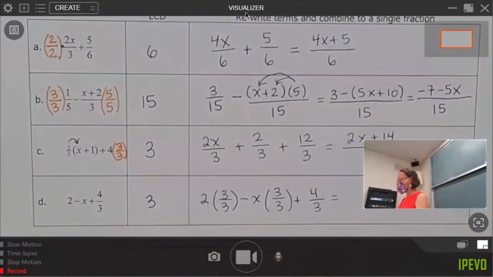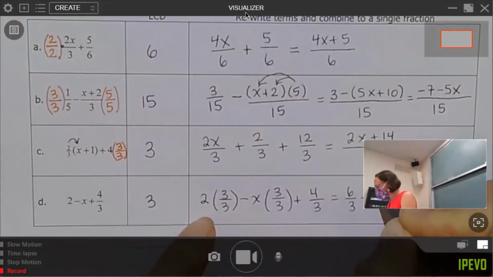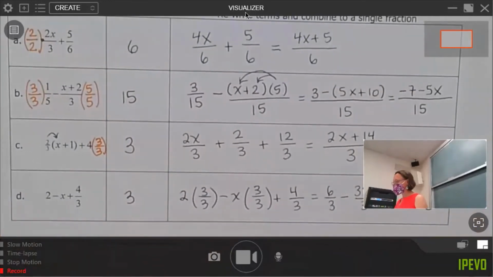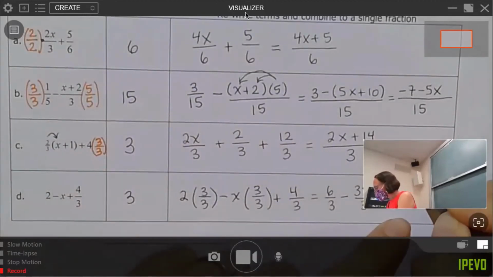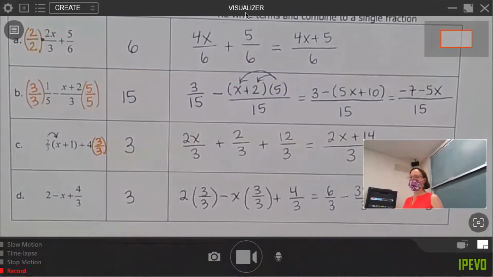If we write each of those out as fractions, I'll have 6/3 minus 3x over 3 plus 4 over 3. And putting it all together, 6 plus 4 is 10. So I'd have 10 minus 3x all over 3.